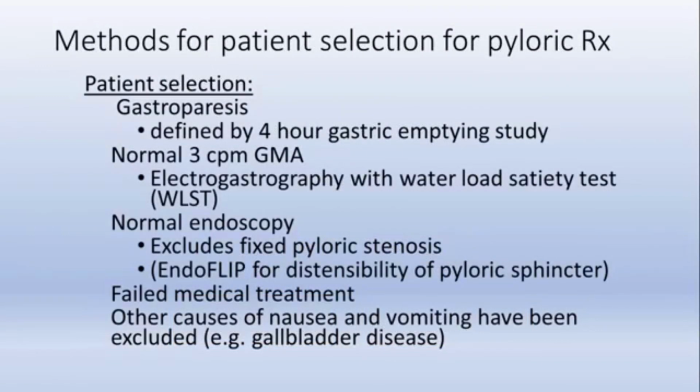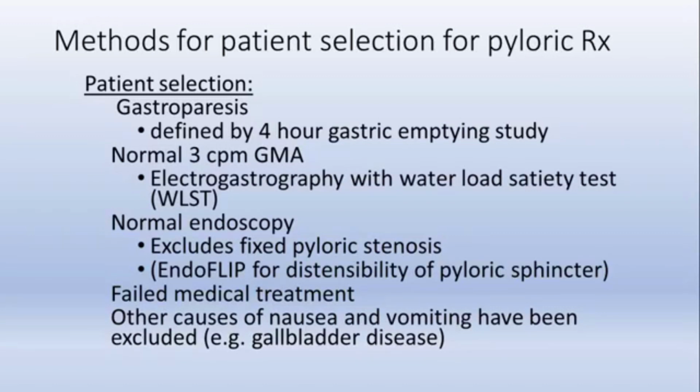So first of all, you have to have gastroparesis, and that means it's the 4-hour egg beaters gastric emptying study. That's still the standard. I still see tests that aren't done properly, and it's got to be a proper 4-hour gastric emptying study. You've got the 3 cycle per minute rhythm.